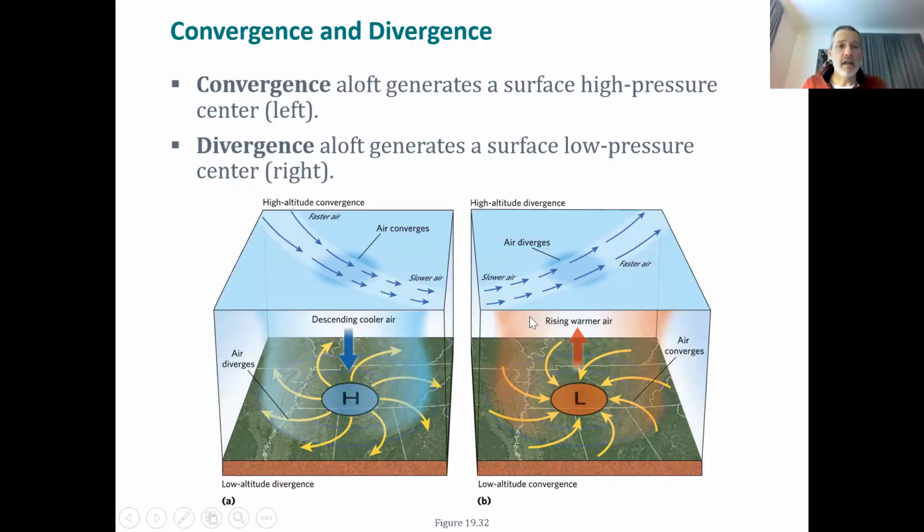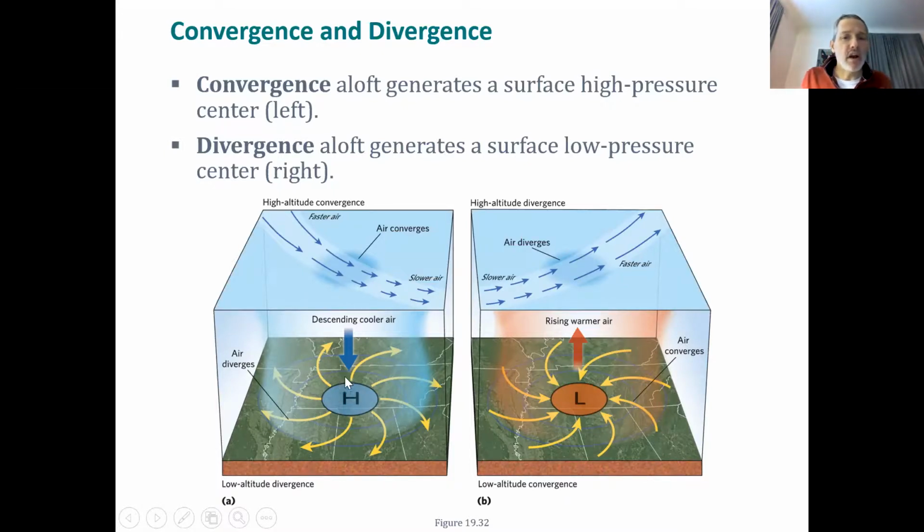So if air is coming together at elevation at the top of the troposphere, that air is going to come down and push away from the center at the Earth's surface, and we'd be at high pressure.